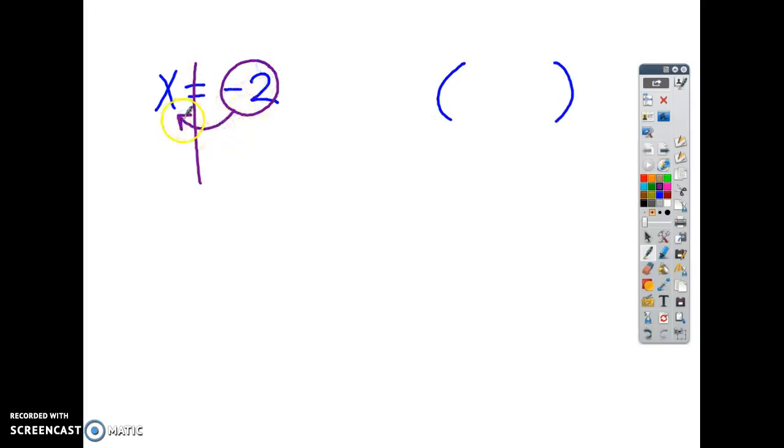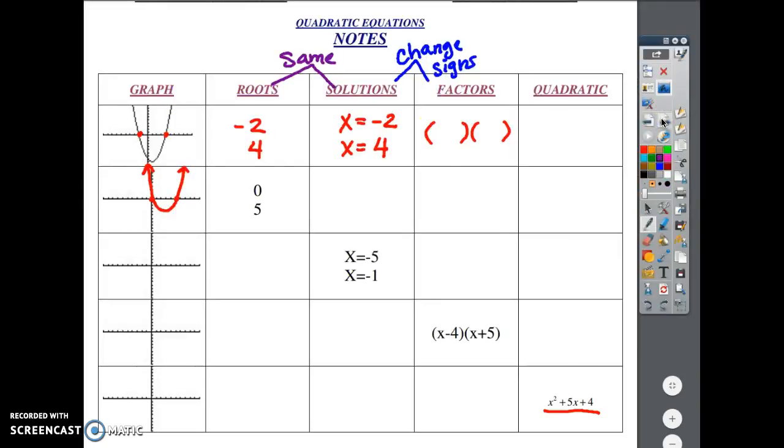So in order to move it, you change this to a +2, so that would be x plus 2. And what's left over here is a 0. So the factor is x plus 2. So one of the factors you would write here is x plus 2.